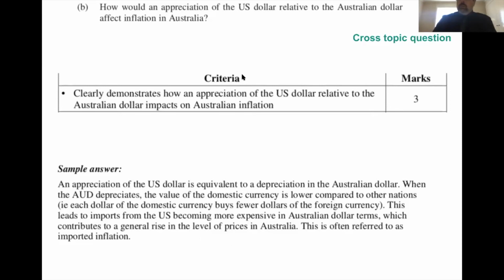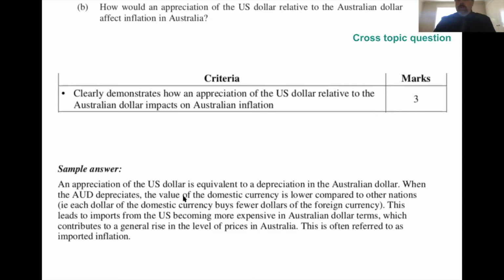So notice the question's asking for an appreciation of the US dollar, which you have to interpret, then what's the effect on the Australian dollar. And you've clearly outlined that in that first part of the answer. So we don't just jump straight in and say that the general level of prices or inflation were to rise, and the notion of imported inflation.